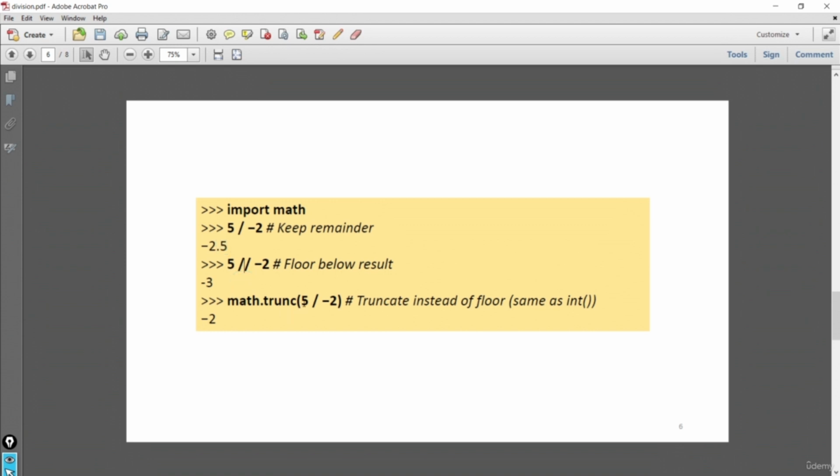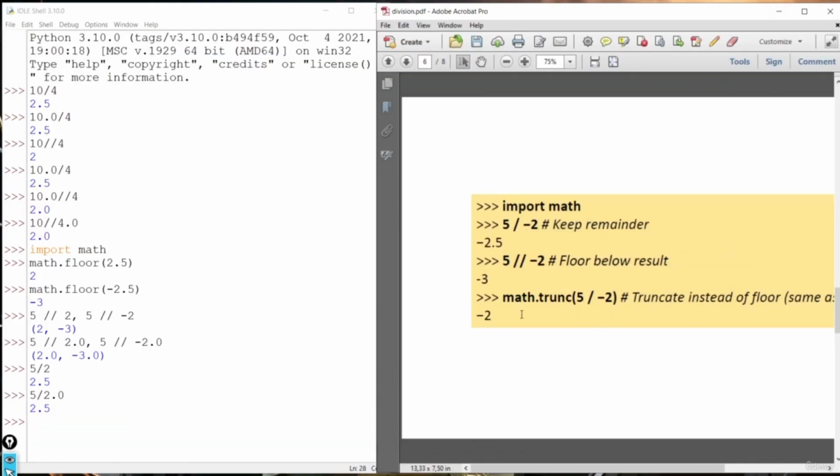This truncation result is -2. In the previous operation we got -3. Just to make a comparison, we have seen this example.